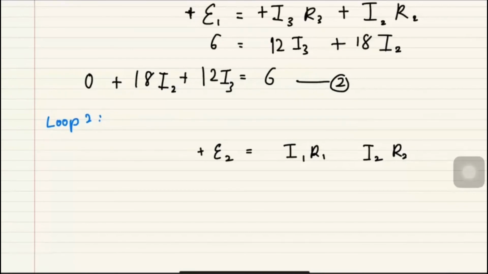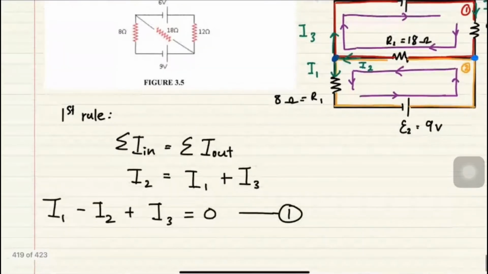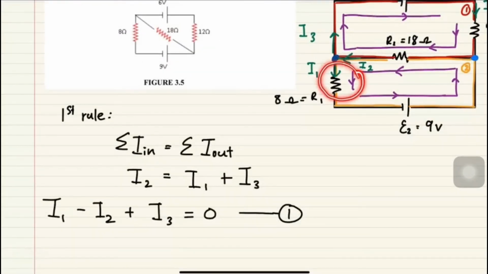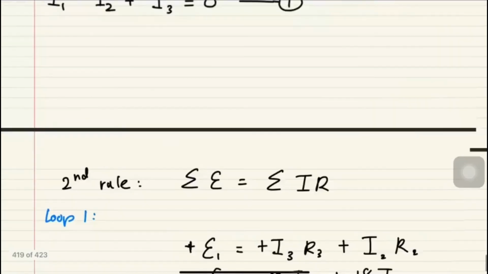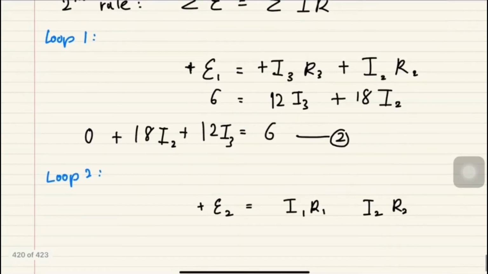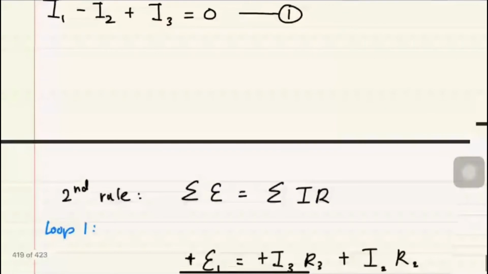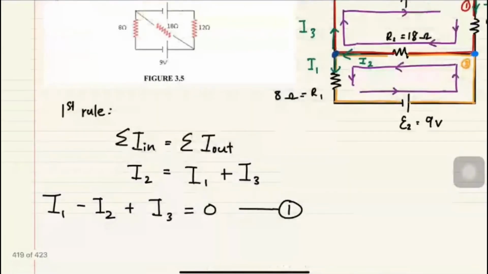Okay, across the first resistor, resistor 1 over here, positive or negative? Positive. Yes, current direction downwards, loop direction downwards. Therefore it is positive, same direction. And then the last one is this one.